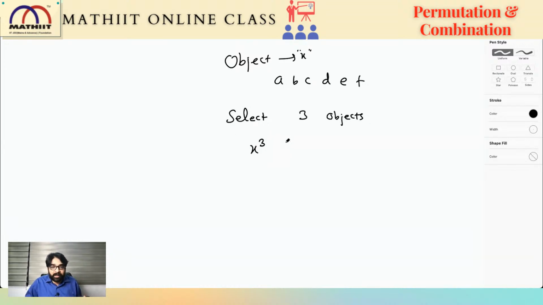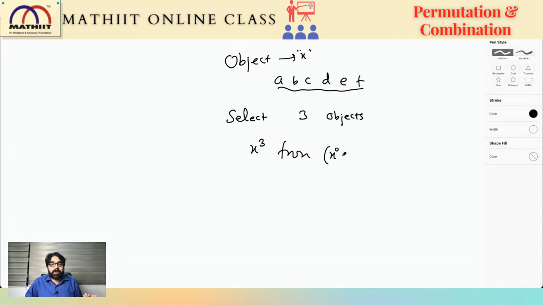From where? From this. Now I will go to this A and I will ask, is it necessary that A has to come? No. It may come, may not come. This is also x, this is also x, this also x, this also x, this also x. So how to form the bracket? Watch it. A will say, I may come, may not come.